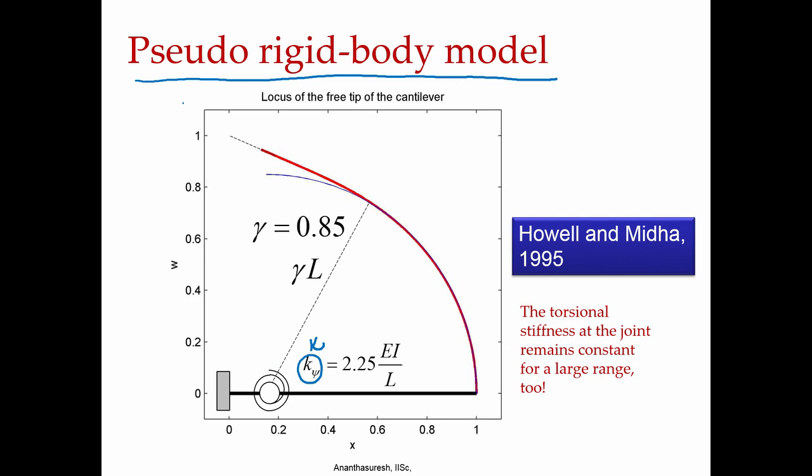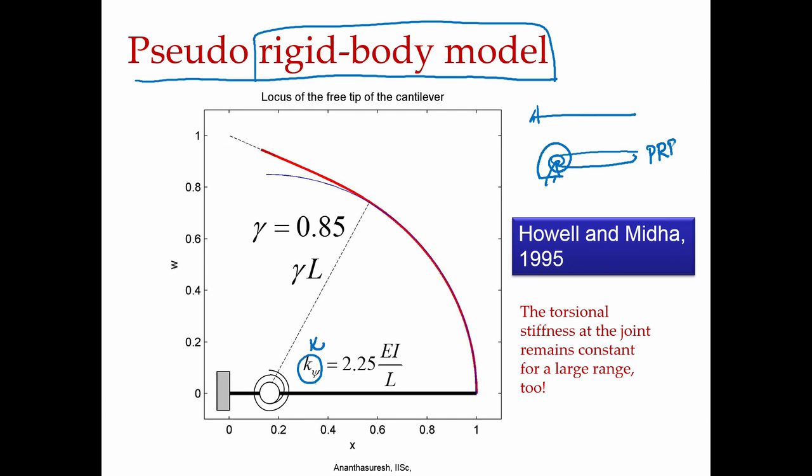Pseudo is not real, it is a rigid body model for sure. They called it a pseudo rigid body model because you are replacing a cantilever beam with a rigid body which is fixed over there, and there is a torsion spring. So, this is the pseudo rigid body model.